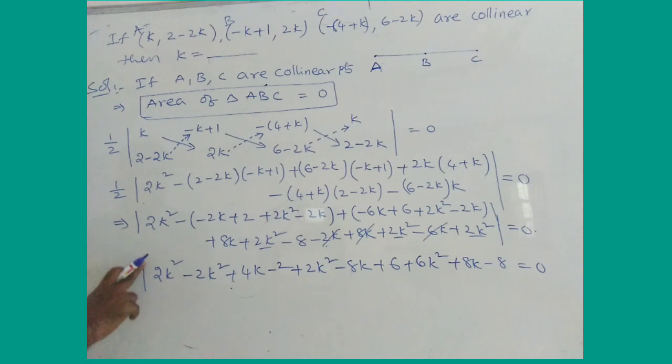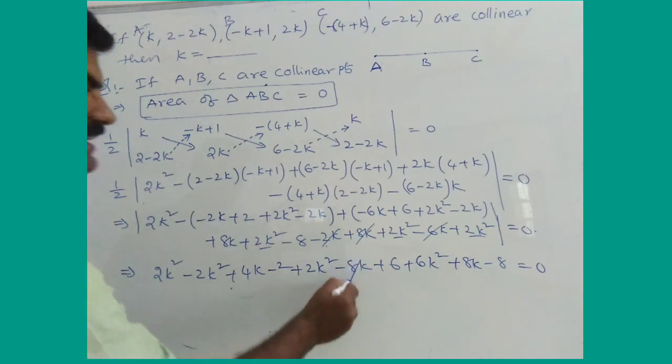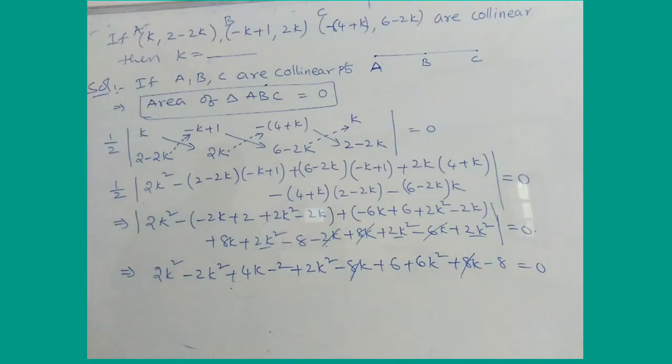Even if you remove the modulus, we actually have to take plus or minus, but the right side is 0, so plus or minus 0 is anyhow 0. What next? Minus 8k plus 8k cancel, and 2k square and minus 2k square also cancel.